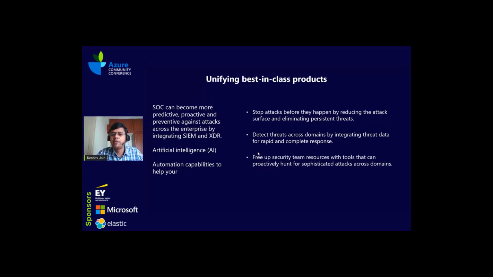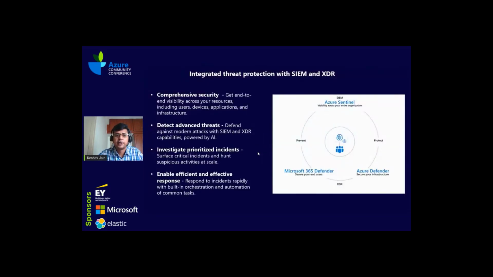It can help you in detecting threats across the domain by integrating the threat data for rapid and complete response. More importantly, it will allow the security team to take a breath and give them time to do proactive hunting for sophisticated attacks that can happen across the domains.